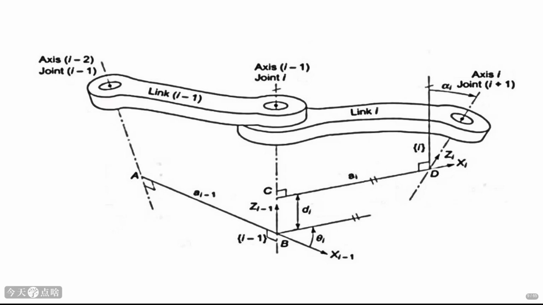Also important is the link length a i and the link twist alpha i, which we discussed earlier. These four parameters together, a i, alpha i, d i, and theta i, are the core of the Denavit-Hartenberg convention. They completely define the relative position and orientation of one link frame with respect to the previous one.